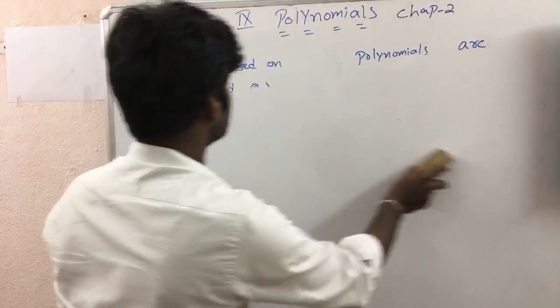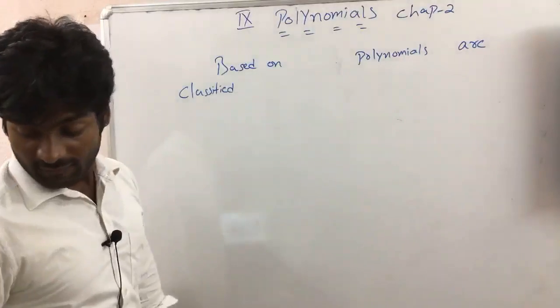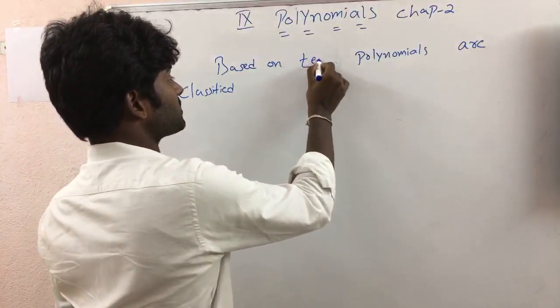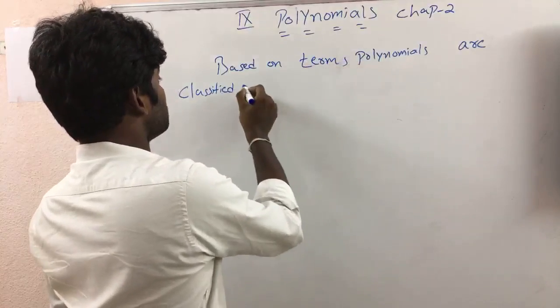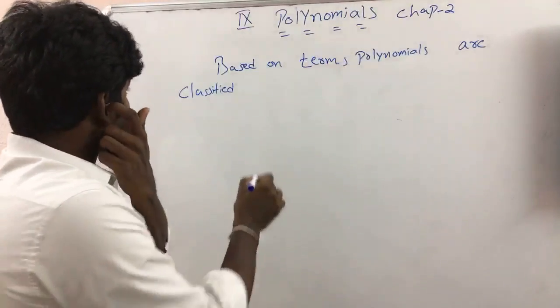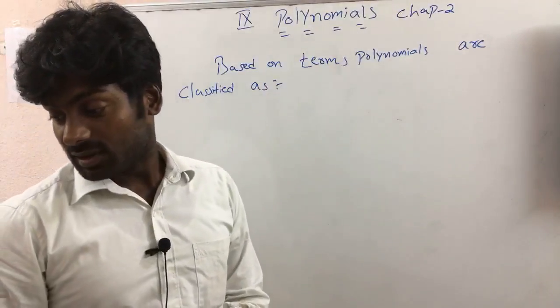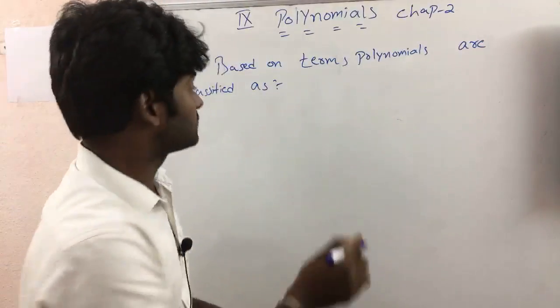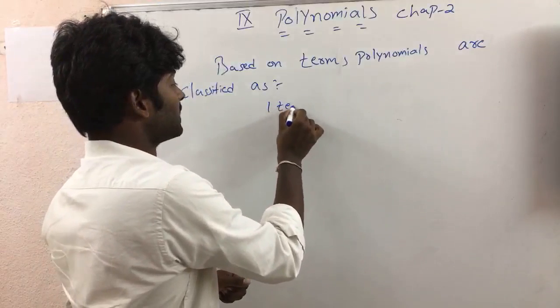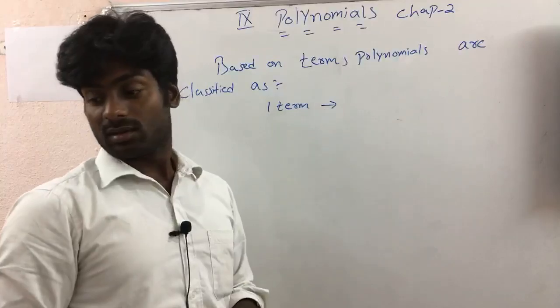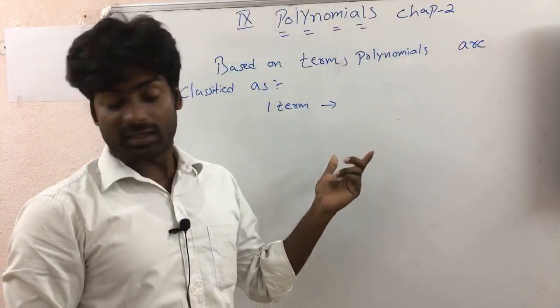Now we can move on based on the number of terms. Polynomials are classified by the number of terms. If you have one term, the polynomial is said to be, can anyone answer?